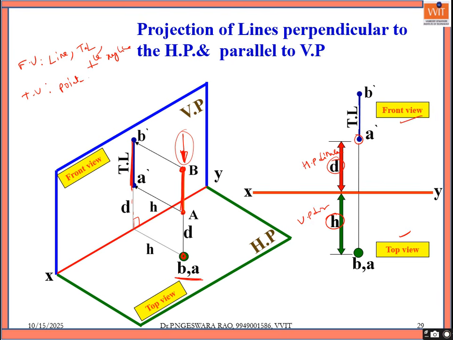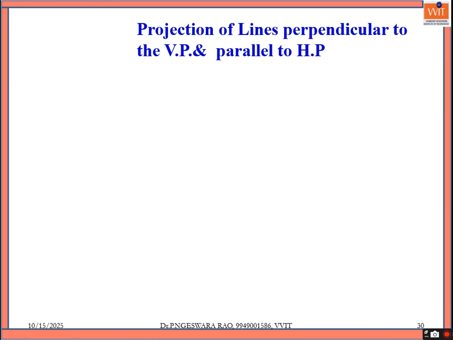Now this is the condition: line perpendicular to HP and parallel to VP. Now the other condition: line perpendicular to the VP and parallel to the HP.